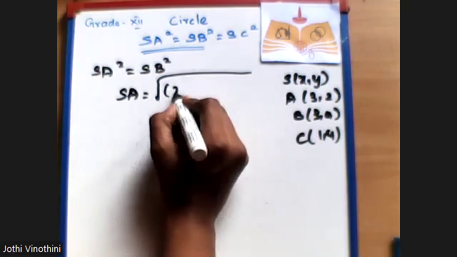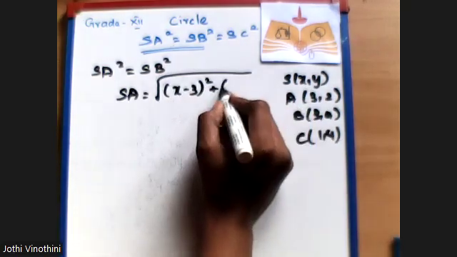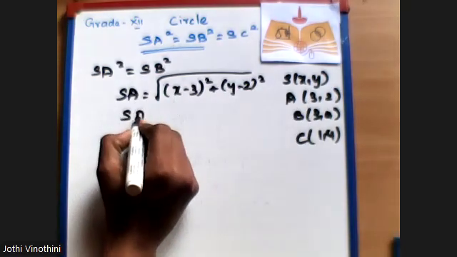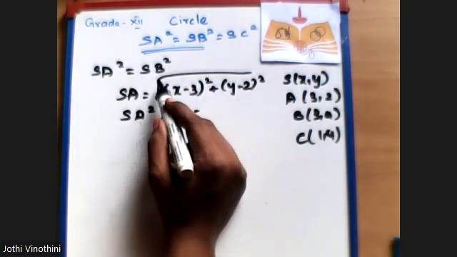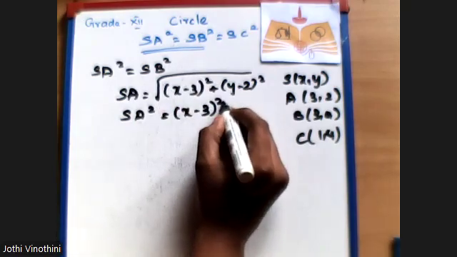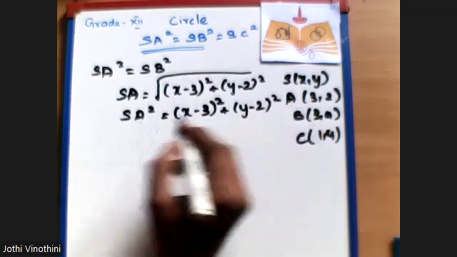Then the equation will be x minus 3 the whole square plus y minus 2 the whole square. If I square both sides, the square root gets cancelled. So SA squared equals x minus 3 the whole squared plus y minus 2 the whole squared.